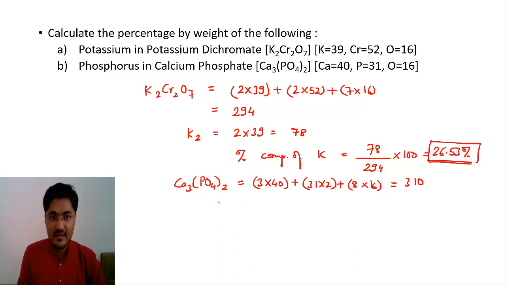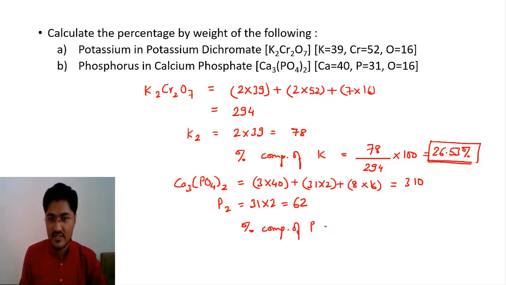And we know that phosphorus is 2 in this, so 31 into 2 is 62. So the percentage composition of phosphorus will be 62 divided by 310 into 100, which gets to 20%, and that will be your final answer for the second bit.